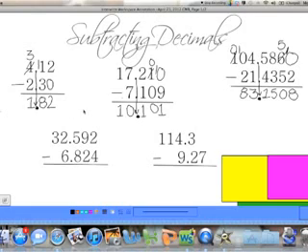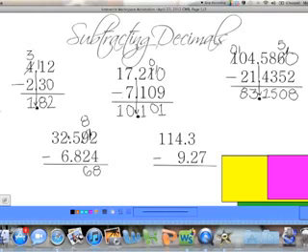Alright, let's look at this first problem here. We have 3 decimal place values after both of our decimals in both problems here, so we don't have to add any 0 placeholders, so we can just go right to subtracting. We can't do 2 minus 4, so we're going to have to borrow. So when we go to do 12 minus 4, we'll get 8. 8 minus 2 is 6.